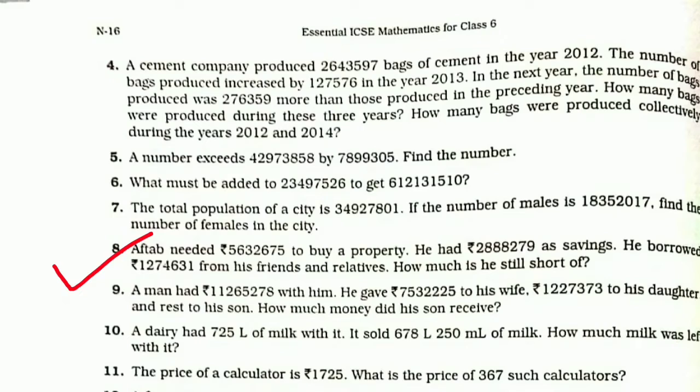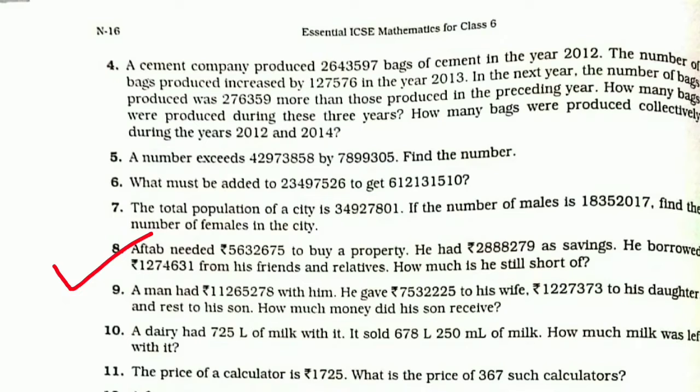He borrowed 12,74,631 rupees from his friends and relatives. Now, how much money is he short of? So for this, what we will do, first we find out the total amount of money Aftab is having and how much money he needs more to buy a property.